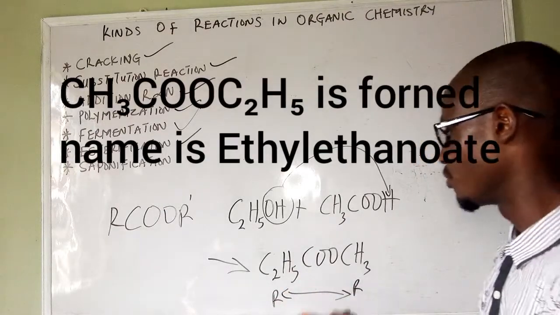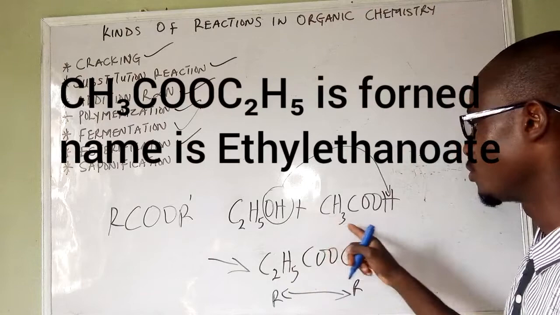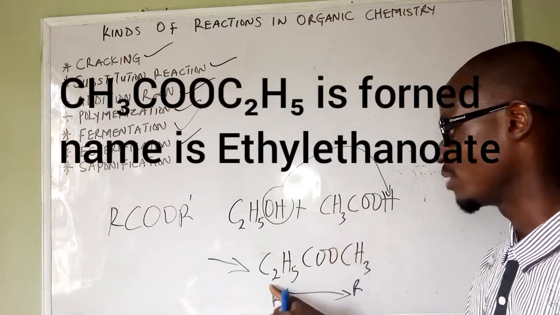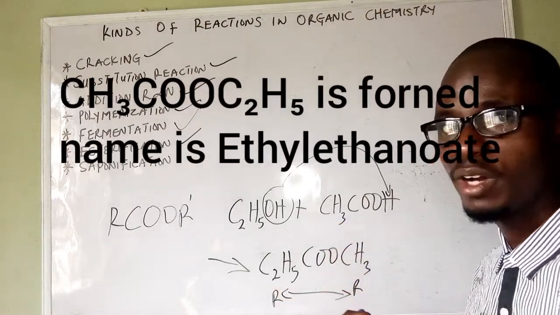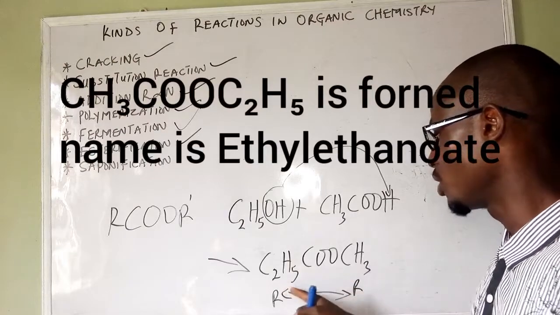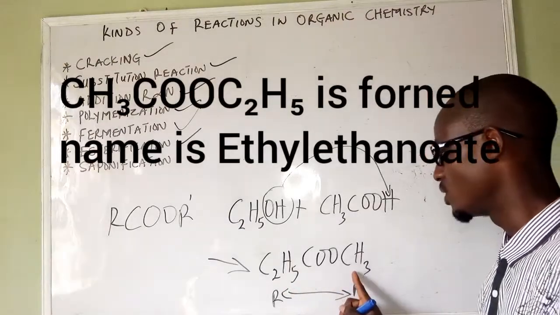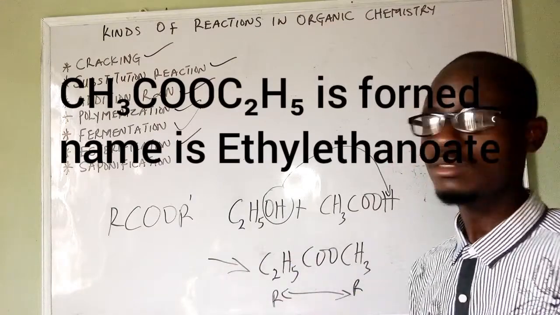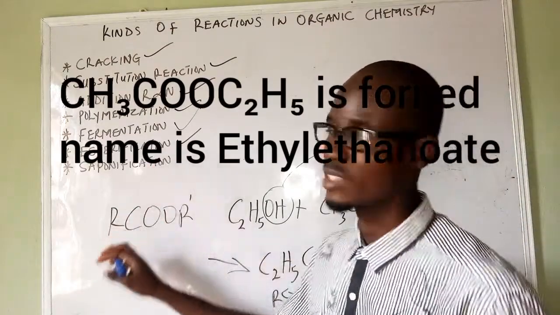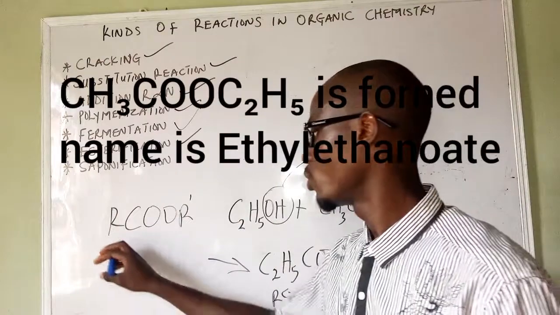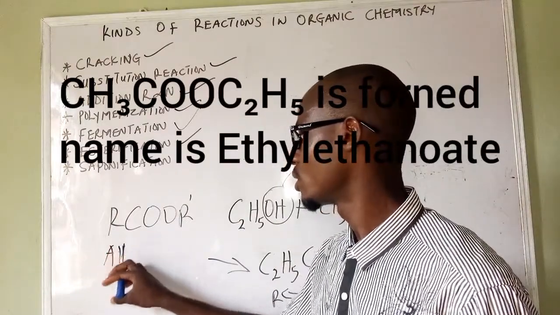Actually, this can be C2H5 also, which means you're going to have C2H5, COO, C2H5. But this is C2H5, COO, CH3, and this is called methyl ethanoate, because the esters have a general name called alkanoates.